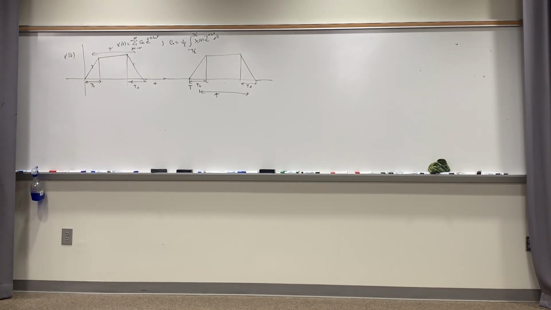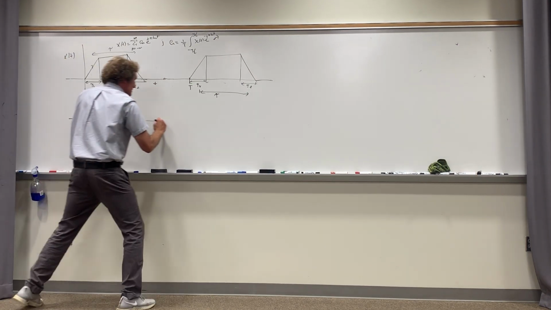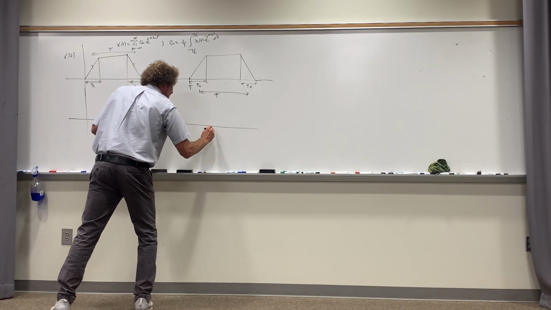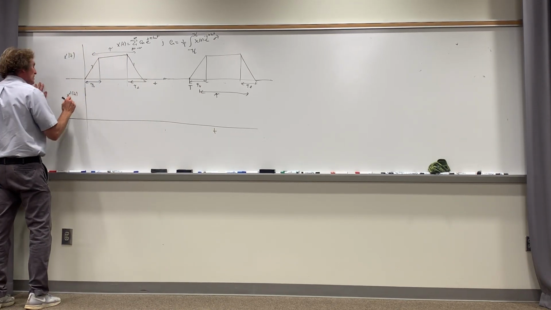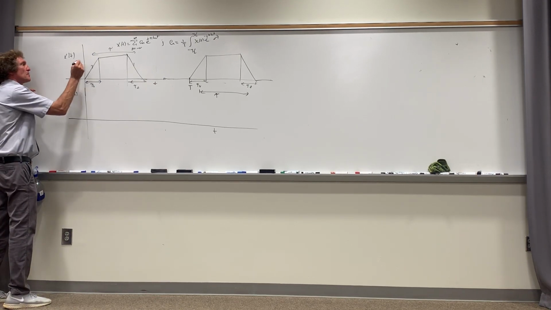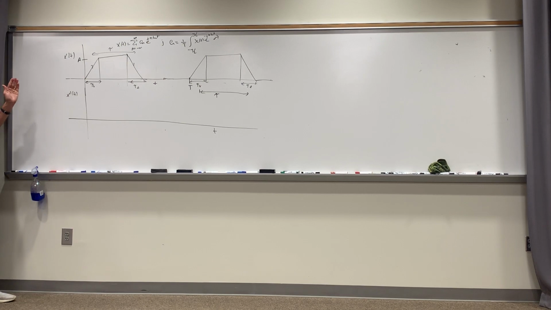Now, the first derivative I take of this with respect to time, what happens? Well, when I take my x prime of t here, what do you see happen? I didn't put this value here, but it should be A. A should be the height. One derivative.